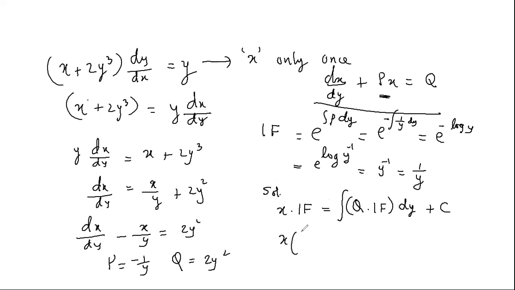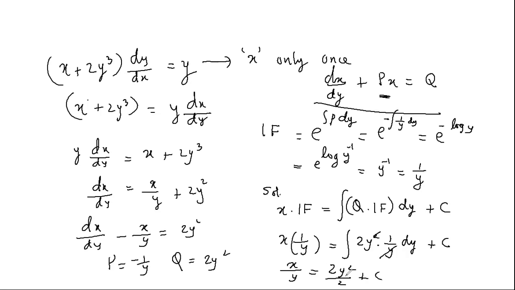So x into 1 by y is equal to the integral of 2y square into 1 by y dy plus c. So x upon y is equal to, 1 y will get cancelled, 2y square by 2 plus c. If you want, you can cross multiply or you can write this as a general solution. I hope you understood this type of problem.